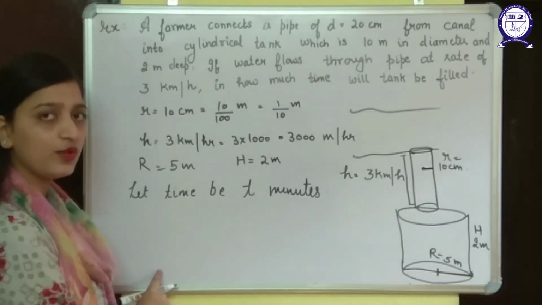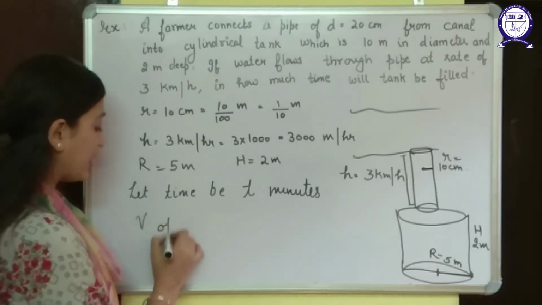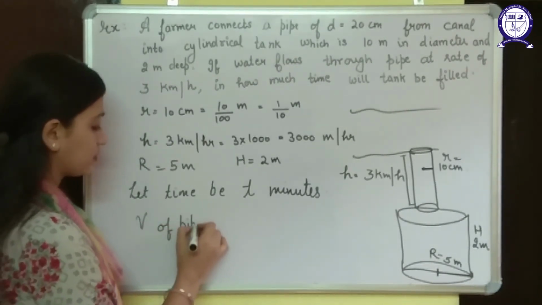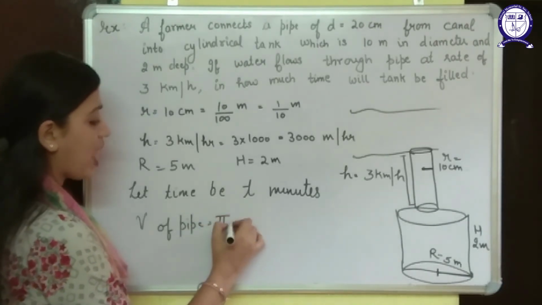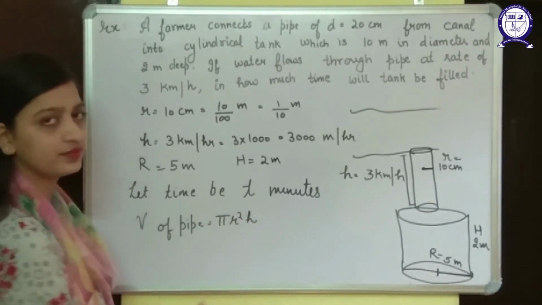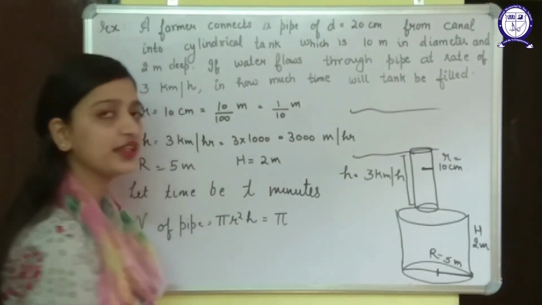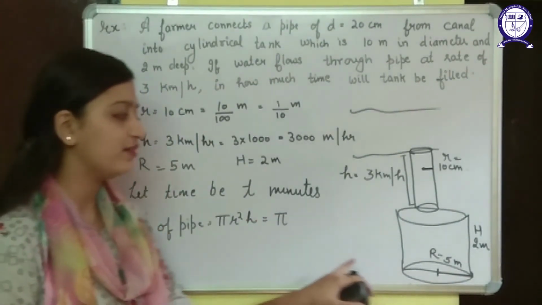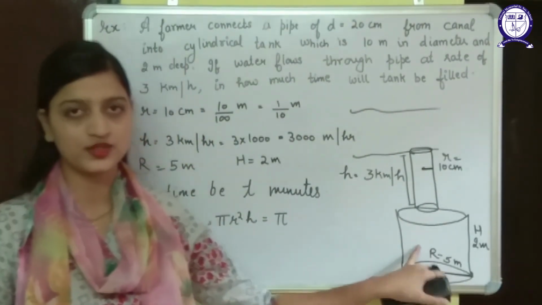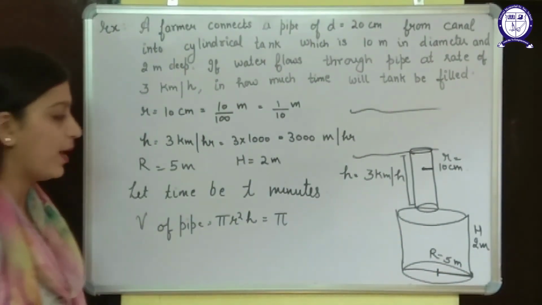Now what is the volume of the pipe? Volume of pipe is pi r square h. Okay, so this is pi. I am not putting the value of pi because later the pi will be eliminated with the volume of this one. So I am not putting the value of pi.